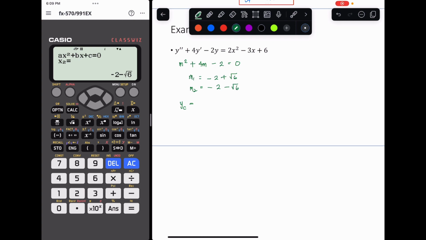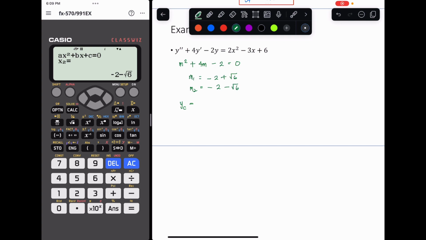Remember that case 3 is for complex numbers, so we cannot see an imaginary number here. That's not a square root of 6i, but rather just a square root of 6. So negative 2 plus the square root of 6 and negative 2 minus the square root of 6 are real distinct roots.